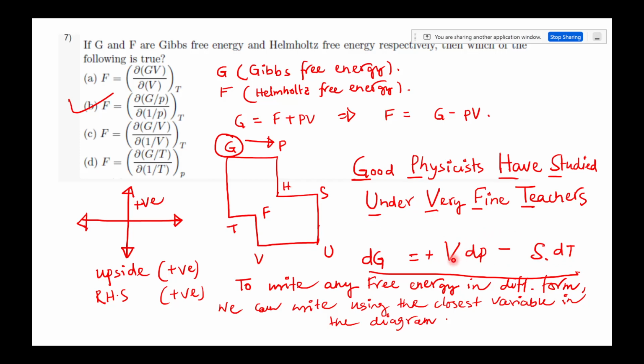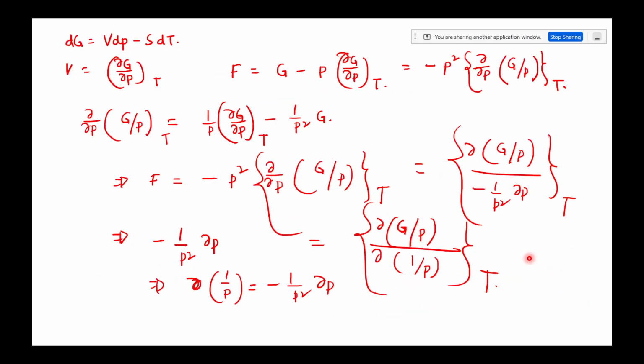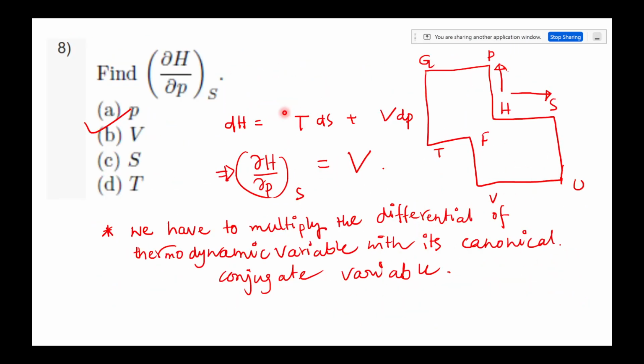What is a canonical conjugate variable? If you take the product of two variables, their dimension should match the dimension of energy, ML squared T to the power minus 2. So VdP is the same, SdT is the same. That's why we use them here, also for dH.